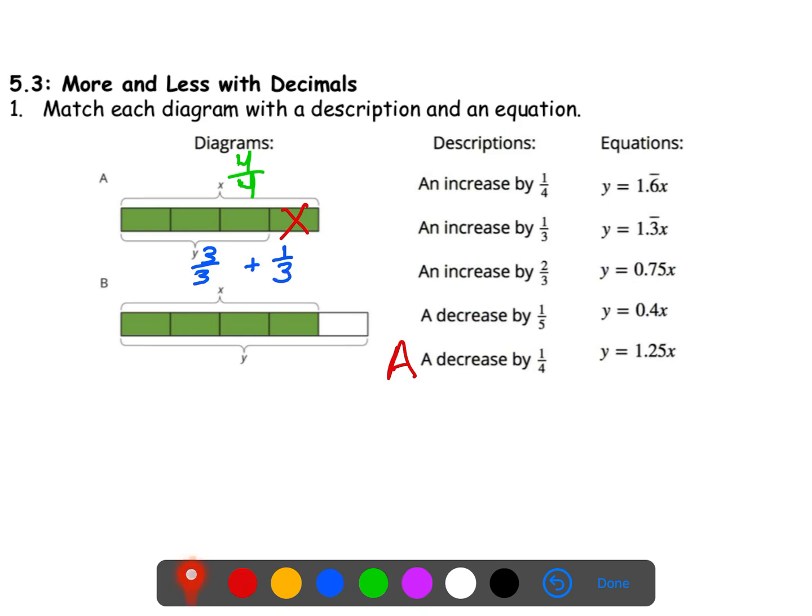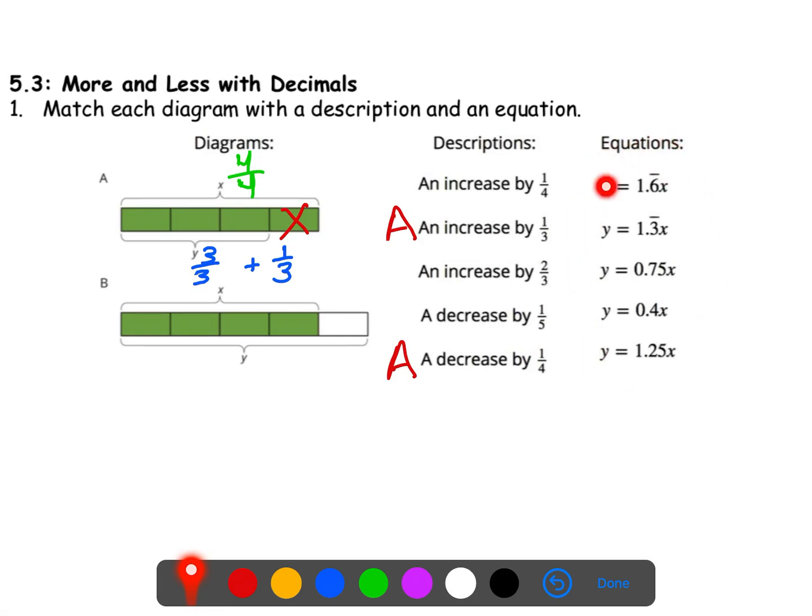So that would mean that we are increasing y by 1/3. I know it seems kind of weird to look at it from each direction here, but that is 2 ways that we could represent what's happening in that diagram. It just depends on if we're comparing to x or are we comparing to y, depending on which of these descriptions you would use.